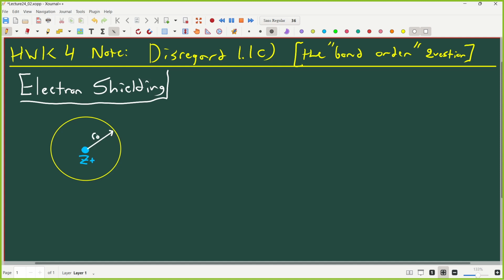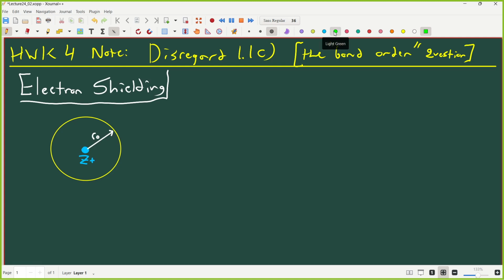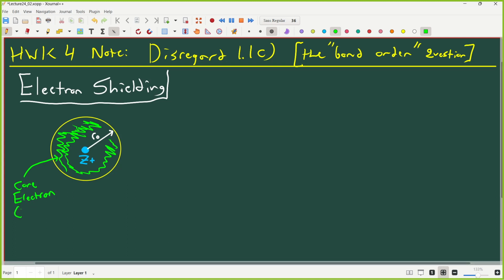Within this shell, we'll have the entirety of the core electrons inside of it. There's our core electrons, and we'll say that there are Z-1 of them. So inside this ball, there is a positive charge of Z and a counteracting negative charge of Z-1, because Z-1 electrons provide Z-1 negative charge.